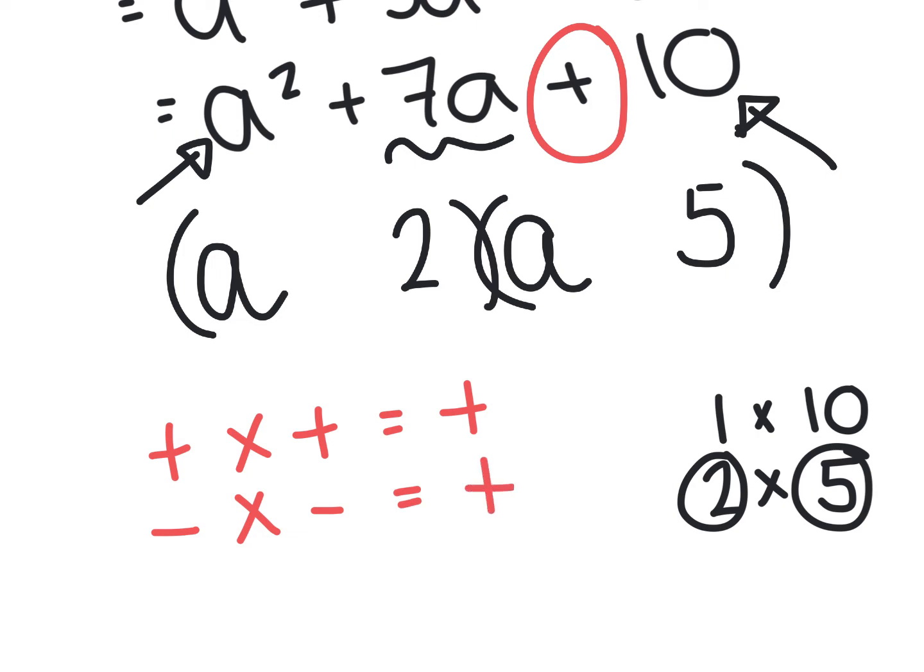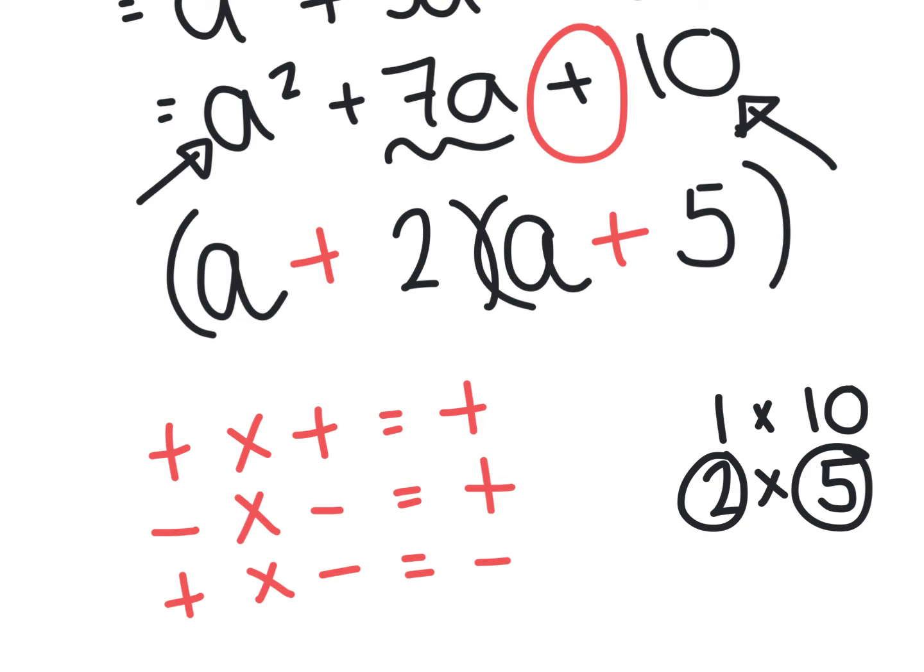So if this is a plus at the end of my trinomial, it means that the signs in my brackets match. They're either plus plus or minus minus. Now everything in my question is positive, and to get positive 7, that's just plus 2 plus 5. And the other wee thing is if it's a plus times a minus, then that's going to give you a negative number. So if the end term is negative, you're looking to have one of each sign.